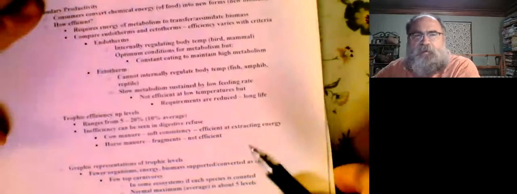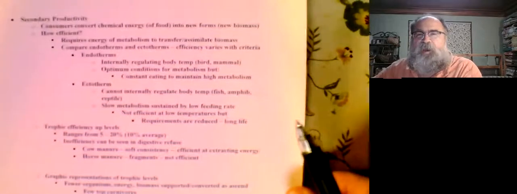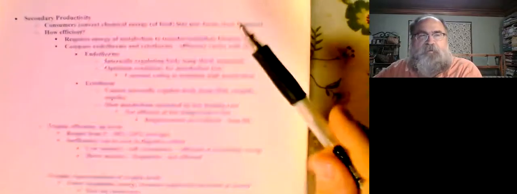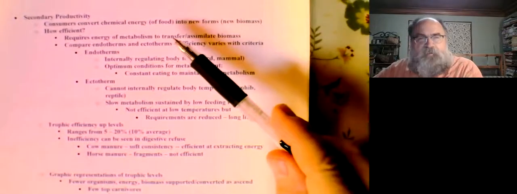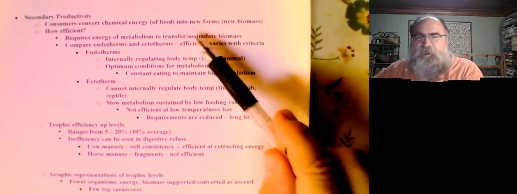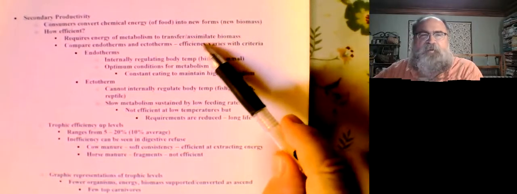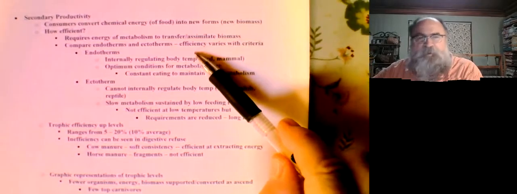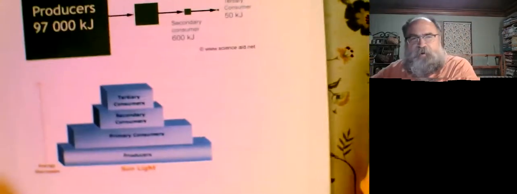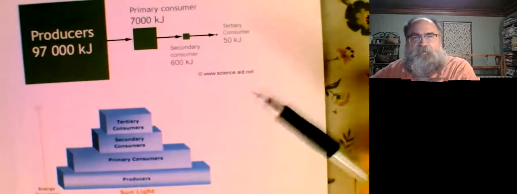Now, secondary productivity. This is where we're going up the pyramids. We're going to the next trophic level. And so, again, we were going through that business of it requires energy to metabolize and assimilate the biomass. We can look with this chart, it's a little bit different one than we had before.